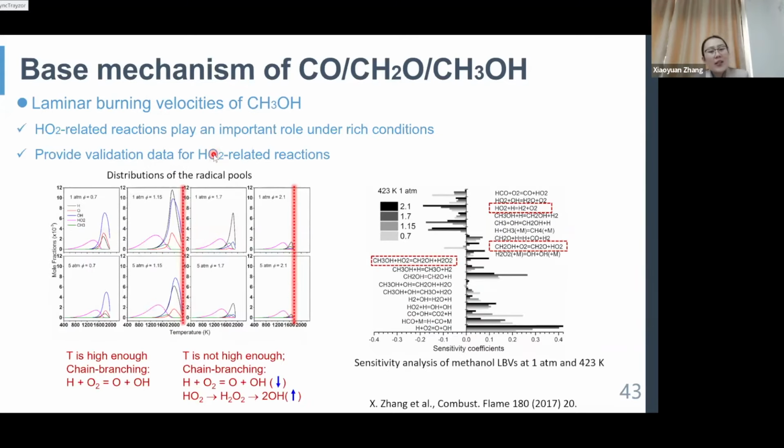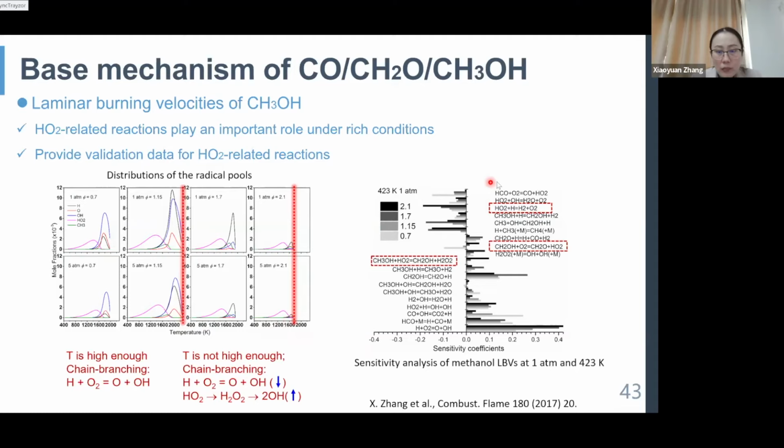Then we analyzed the combustion chemistry under ultra-rich conditions. We found that the temperature is not high enough under these conditions. Only 1,700 K, much lower than that under fuel-lean and stoichiometric conditions. So the contribution of the chain branching reaction H plus O2 is lowered, while the contribution of HO2 and H2O2 decomposition becomes competitive.